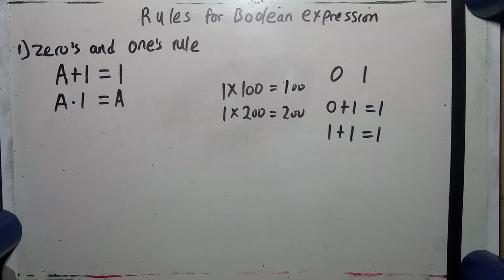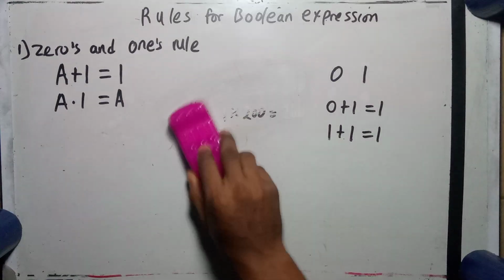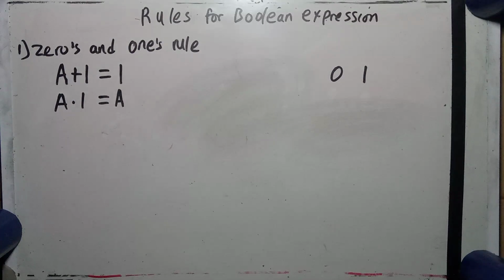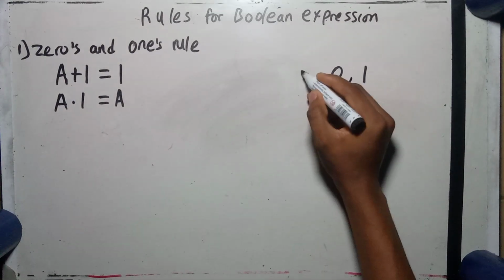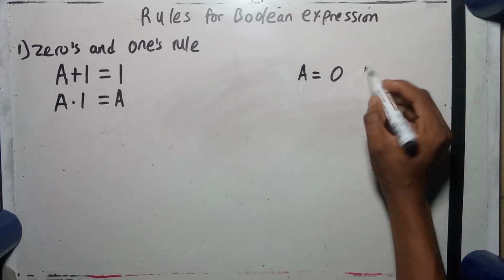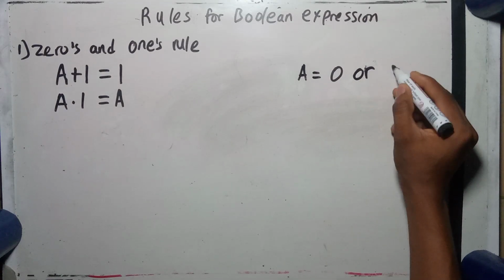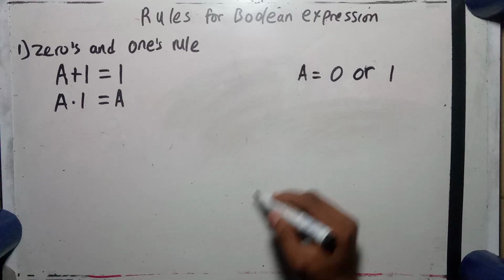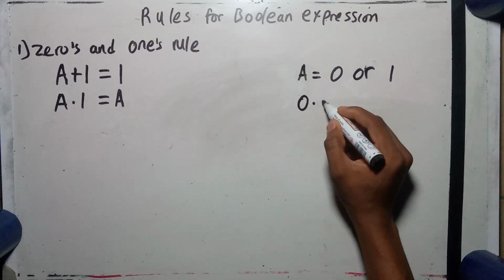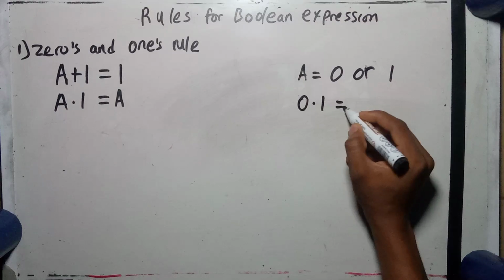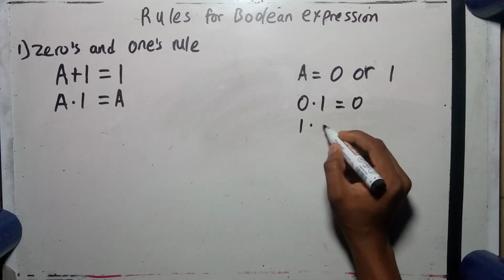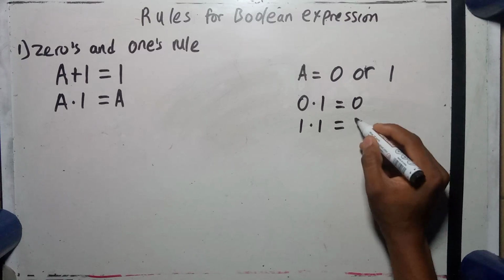Now to prove it, using this same ideology that we applied here, where we say that our A can either be 0 or 1. Now, if I apply this here, when A is 0, we're going to be having 0 times 1, which will give us what? 0. When A is 1, we have 1 times 1, which will give us what? 1.